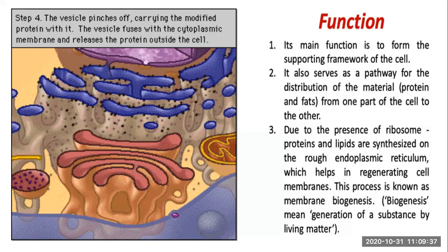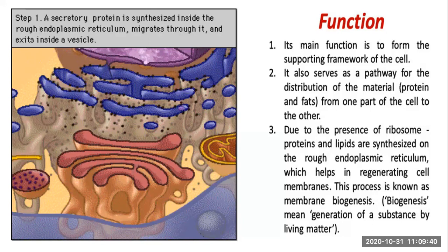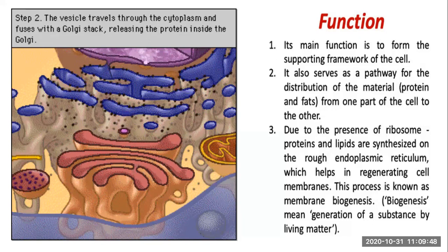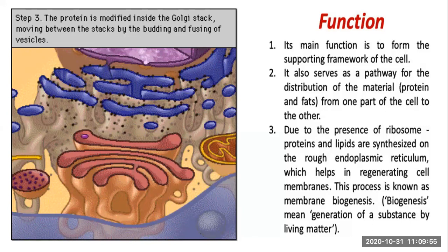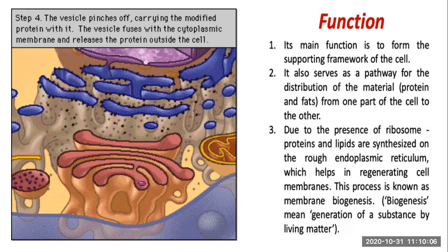Okay, and due to the presence of ribosomes, protein and lipid are synthesized in the rough endoplasmic reticulum, which helps in regenerating the cell membrane. So with the help of this endoplasmic reticulum, the cell can regenerate the cell membrane, and this process is called membrane biogenesis, that is generation of a substance by living matter.